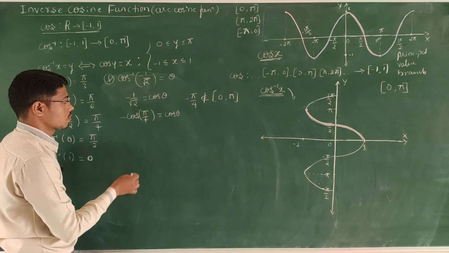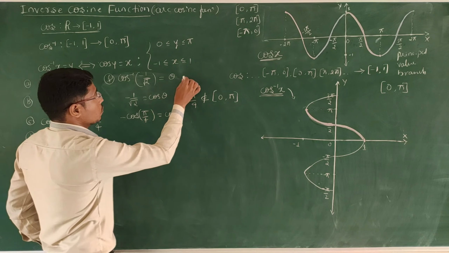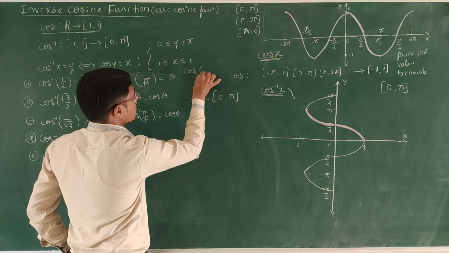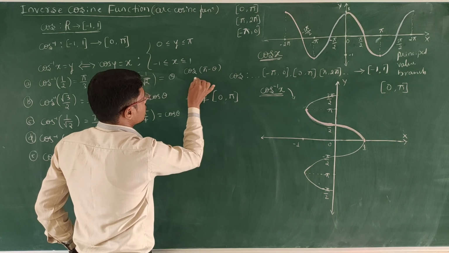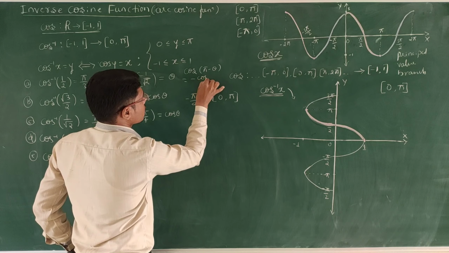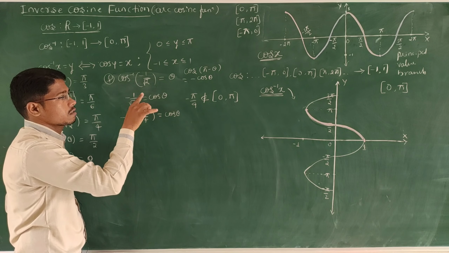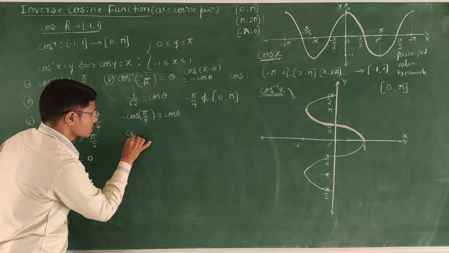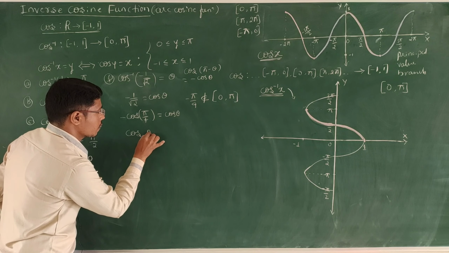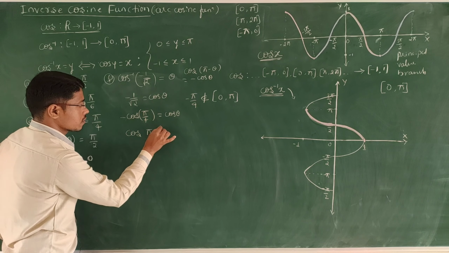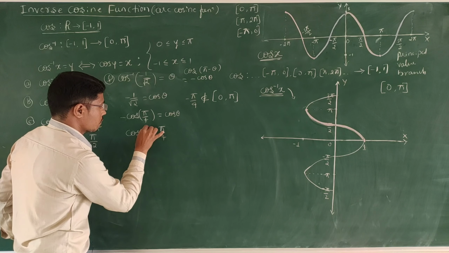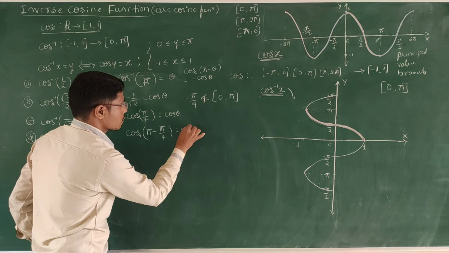Okay, therefore, consider, we know cos of pi minus theta is equal to minus cos theta, right, in the second quadrant. 180 minus theta. Cos of pi minus theta, where theta is pi divided by 4, is equal to cos theta.